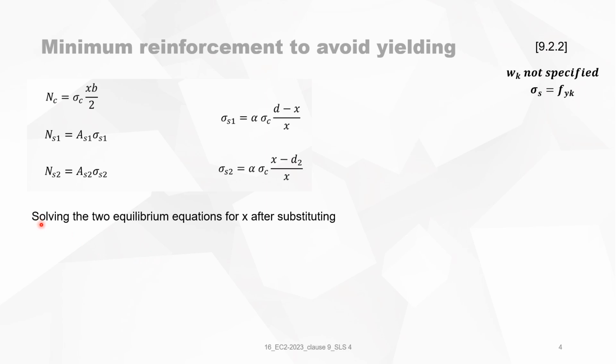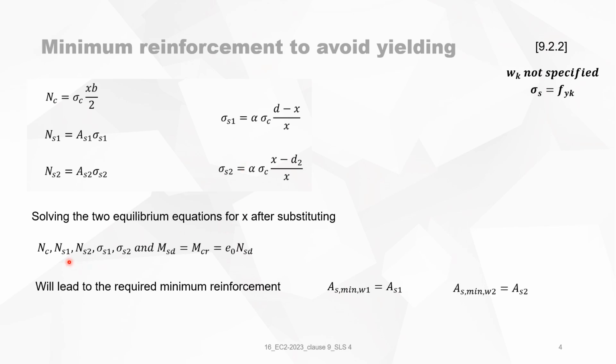You can solve the two equilibrium equations for X after substituting all those different values that we've calculated here. When you have X, you can substitute it in this, and you can calculate the AS1, which is equal to AS minimum W1, and the same is for AS2.